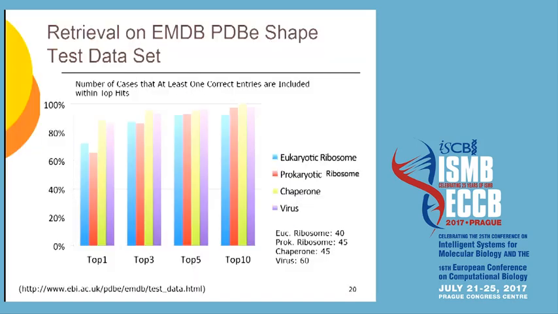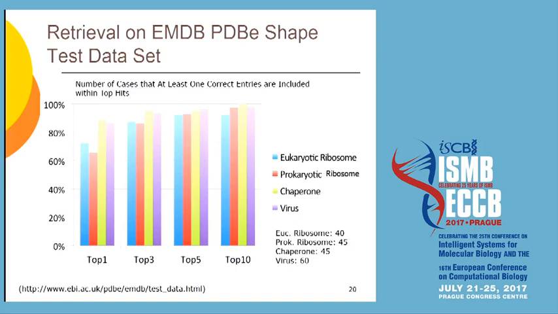Well, in the EMDB, we don't have a CATH database or a SCOP database. The number of entries is still small, but now it's getting to 5,000. But the EBI EMDB team has a data set of four types of EM maps: eukaryotic and prokaryotic ribosome, chaperone, and virus.